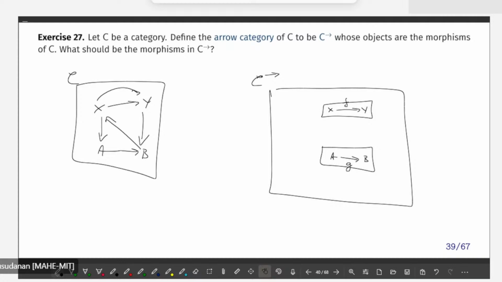You need what? You have to use two morphisms from the original category.